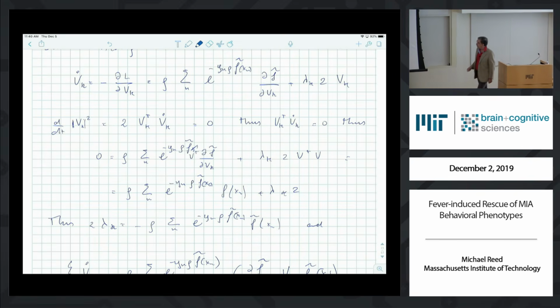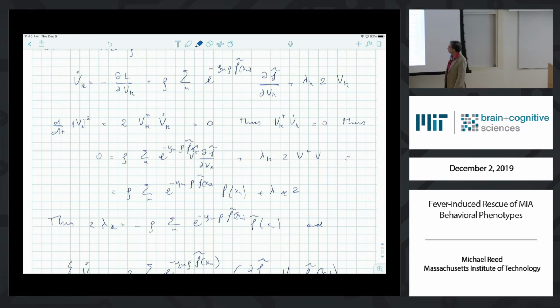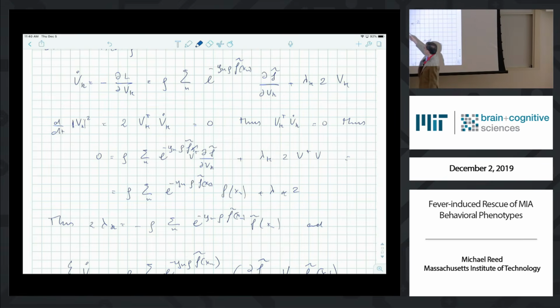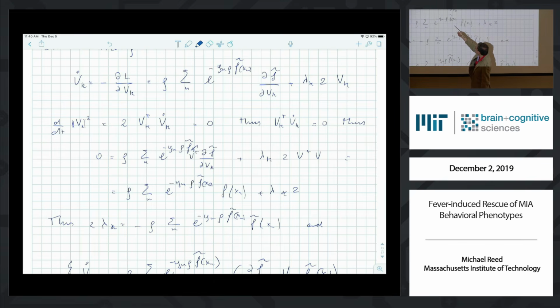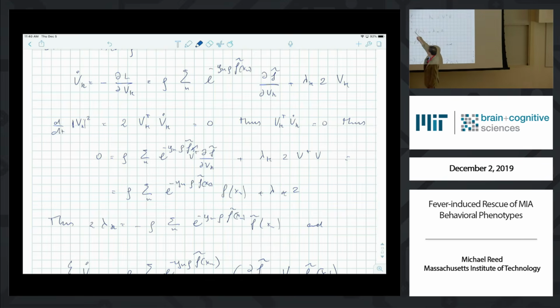It's nice that it comes out so simple. I have the equation V dot, there is lambda. I know that the time derivative of V squared has to be 0 if that constraint is correct, because it's equal to 1.